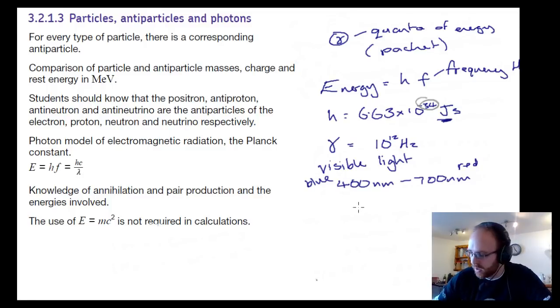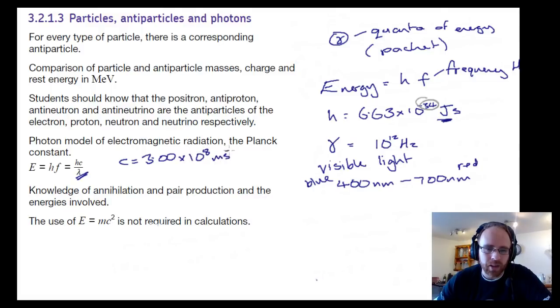If we want to change from using frequency in our energy equation to wavelength, we have to introduce wave speed, which for photons is 3.00 times 10 to the power 8 meters per second. And c also equals frequency times wavelength.